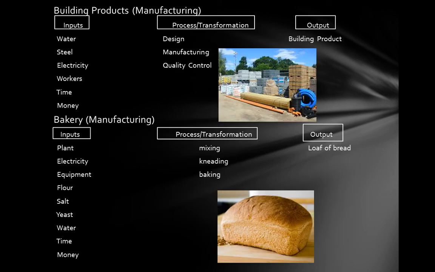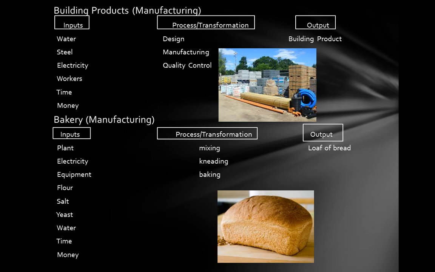Here are some examples of manufacturing organisations. For example, building products. The inputs may include water, steel, electricity, workers, time, money. The process or transformation can include design, manufacturing, and quality control, and the output is the building product.